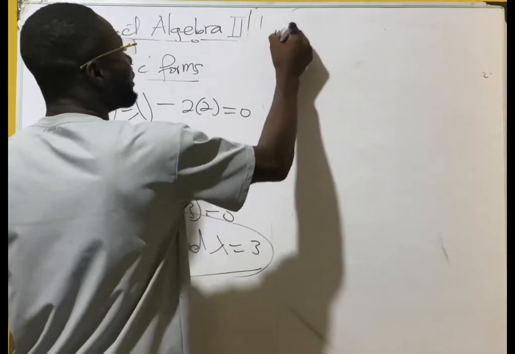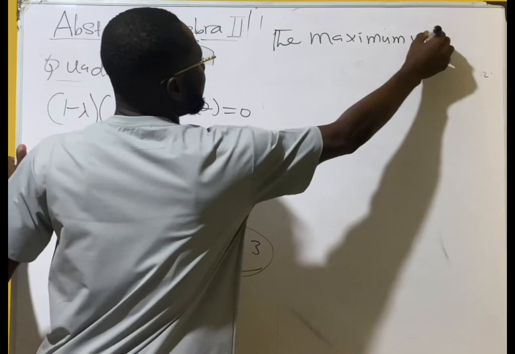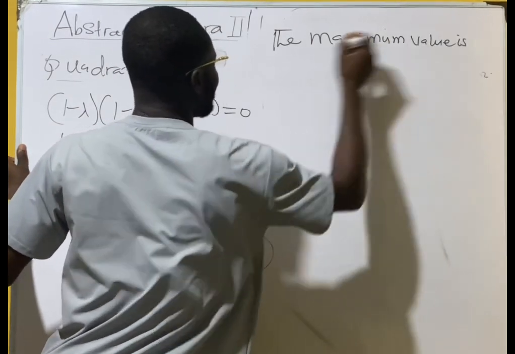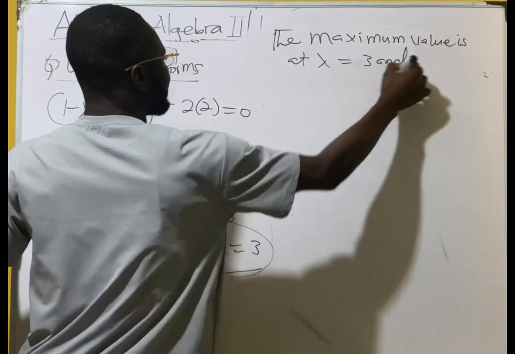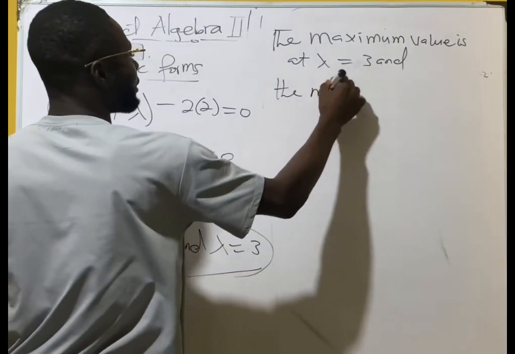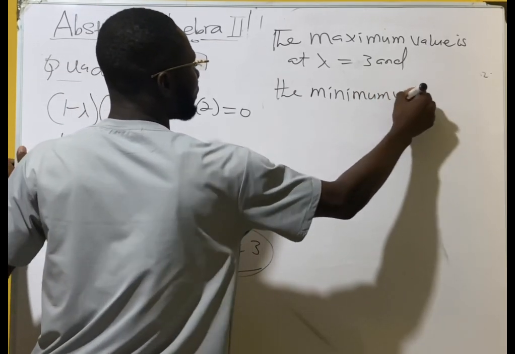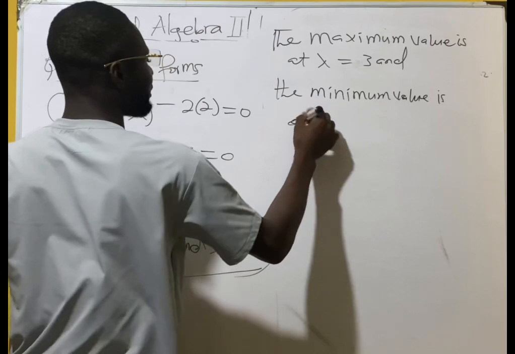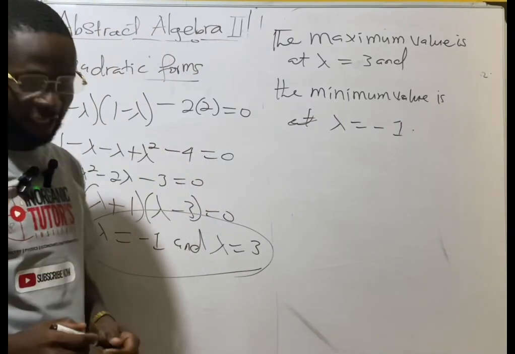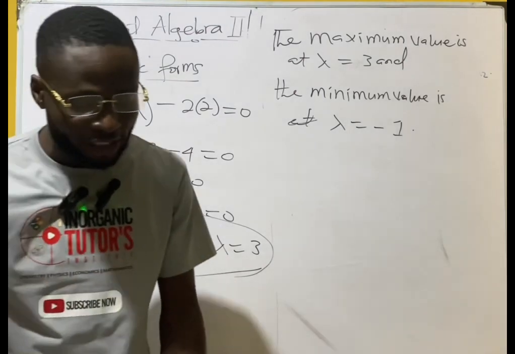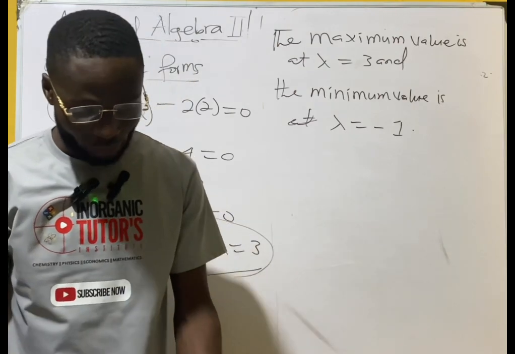So the maximum value is at lambda equals 3 and the minimum value is at lambda equals -1. Okay, now we have been able to determine the minimum and maximum values, right?